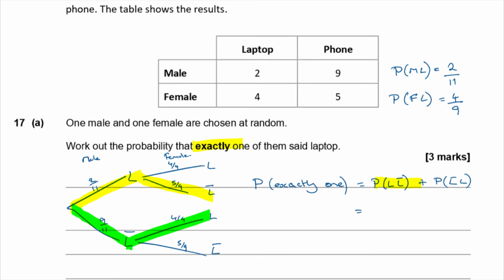Okay, and that is going to be 2/11 times 5/9. And then probability of not laptop, laptop. So boy not laptop, girl laptop. That was going to be the green root. So that is 9 over 11 times 4 over 9. Okay, so what's that then?